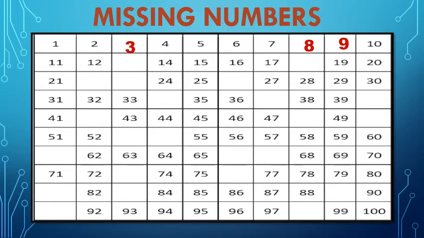I will not fill all the boxes because you know the numbers thoroughly from 1 to 100. See here, after 65 comes 66, then 67. After 88, that is 89. And here, after 97, that is 98, 99 and 100. I know that you all know this. Okay, so we will proceed further.